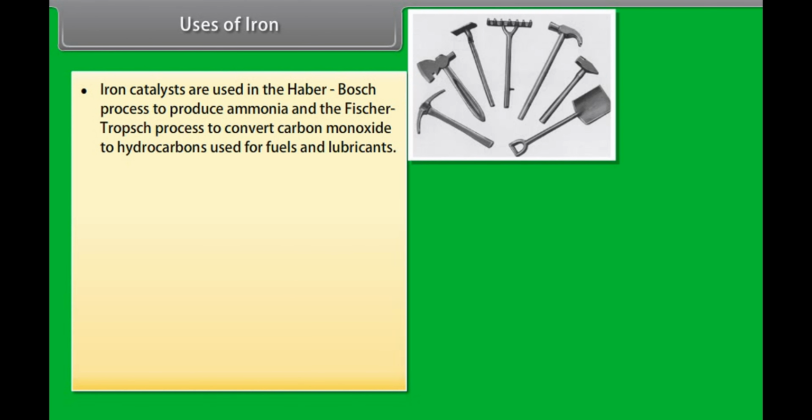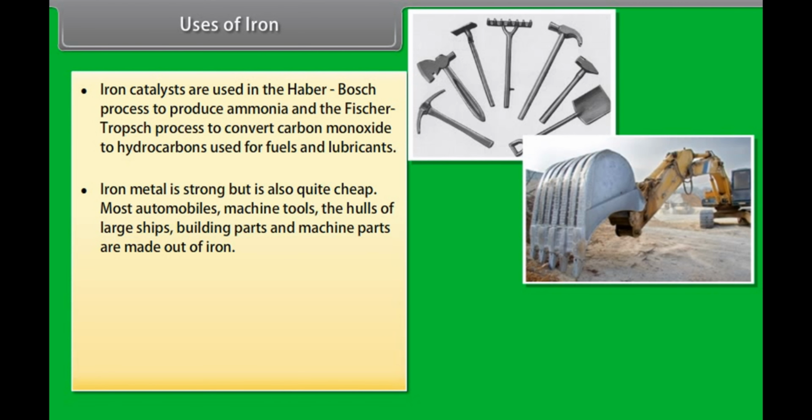Uses of iron. Iron catalysts are used in the Haber-Bosch process to produce ammonia and the Fischer-Tropsch process to convert carbon monoxide to hydrocarbons used for fuels and lubricants. Iron metal is strong but is also quite cheap.